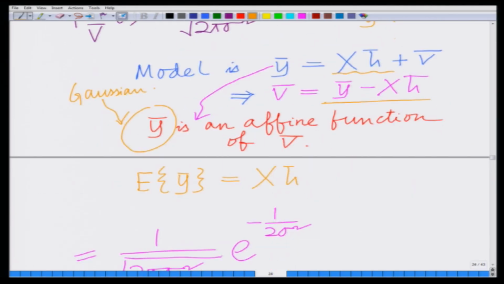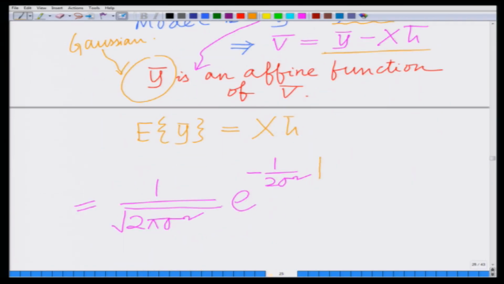So, what I am going to have over here is Y bar minus x h bar square.